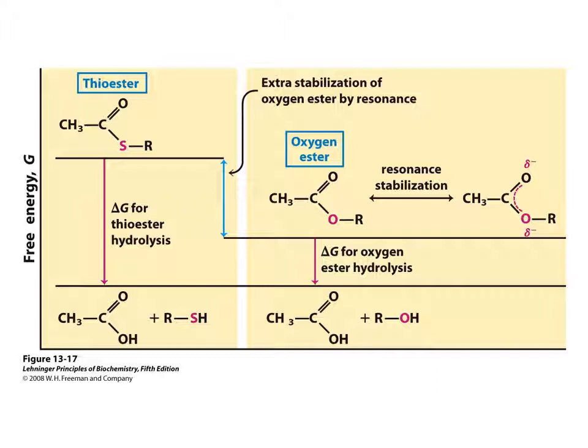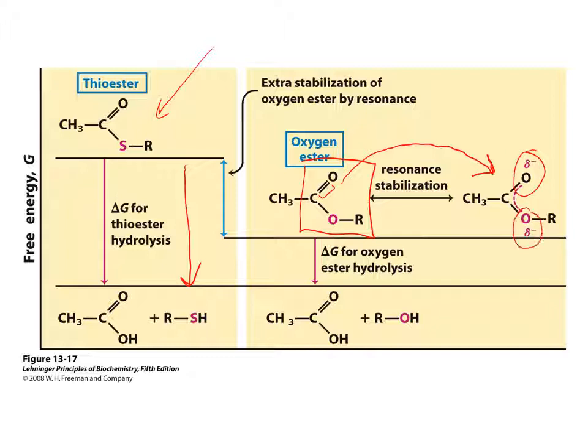Hydrolysis of thioesters generally yields larger delta G than their oxygen-containing ester counterparts, because the oxygen esters can have a resonance stabilization in which basically this double bond can be diffused between both of these oxygens, and we have a diffused negative charge throughout the ester region.